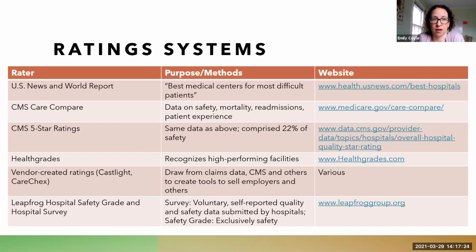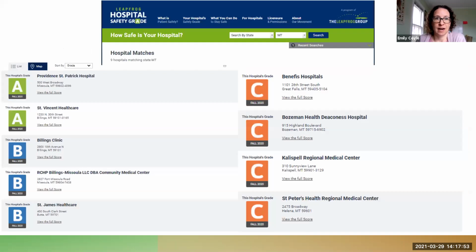The other piece of Leapfrog is the hospital survey. This is voluntary self-reported quality and safety data submitted by hospitals. I think over 2,500 hospitals in the United States now submit the Leapfrog Hospital Survey, and it provides a lot more measures than you would get in Centers for Medicare and Medicaid data. It includes maternity care and different other factors that may not necessarily be quite as common.